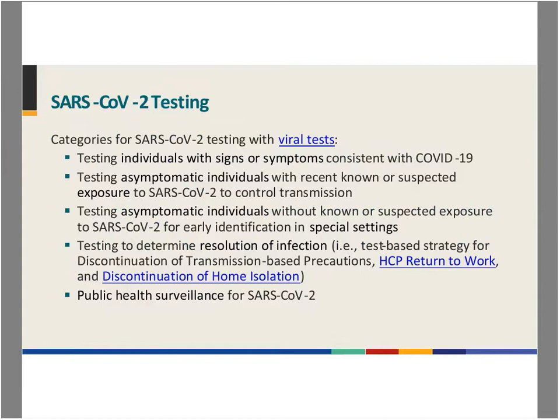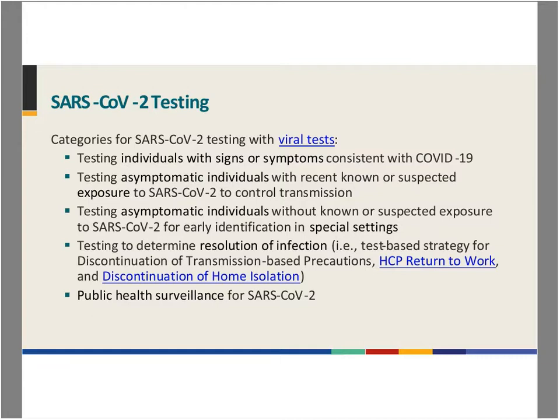So I mentioned that CDC looks at categories of people for testing with viral tests. The first category is testing individuals with signs or symptoms consistent with COVID-19. I think that's pretty straightforward. But the next two categories are about testing asymptomatic individuals and when you might consider testing them.